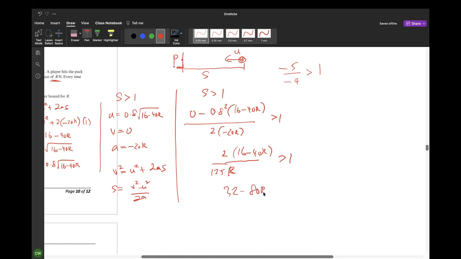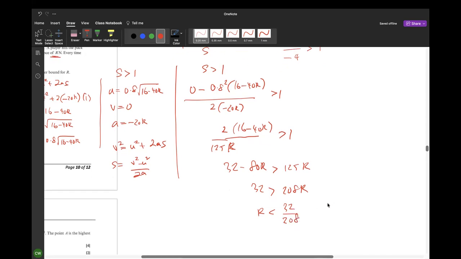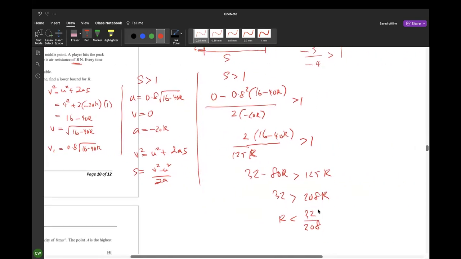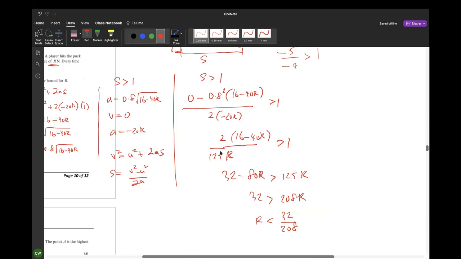Thirty-two minus 80R, 125R. 32 over 205R. R less than 32 over... what is wrong? 205. 205R.